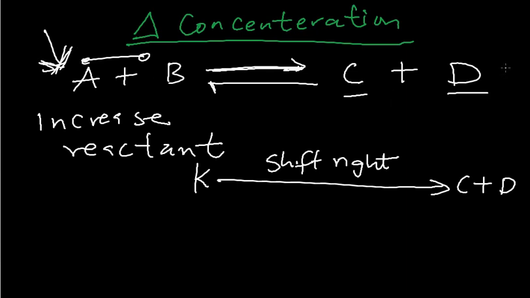And of course, if you decrease the concentration of the product, as you keep removing the product, the equilibrium will shift to the left, so that more reactant will react to give more product.